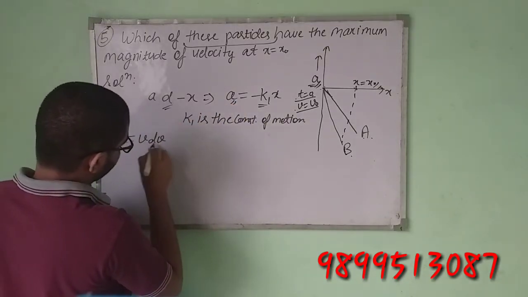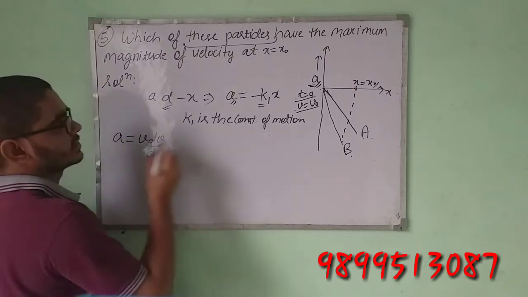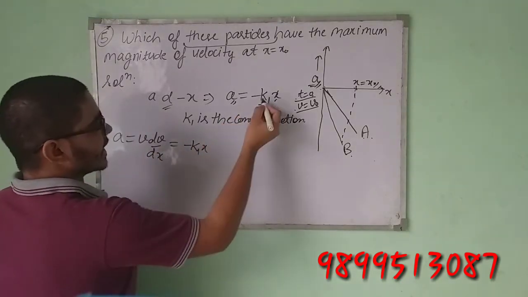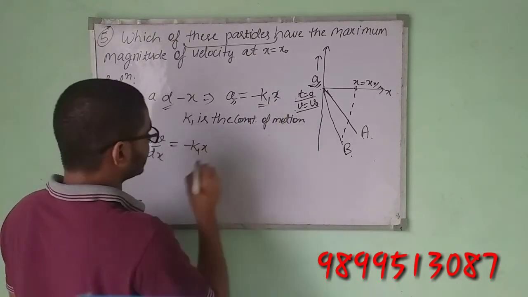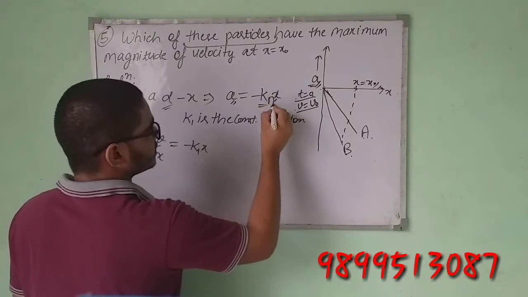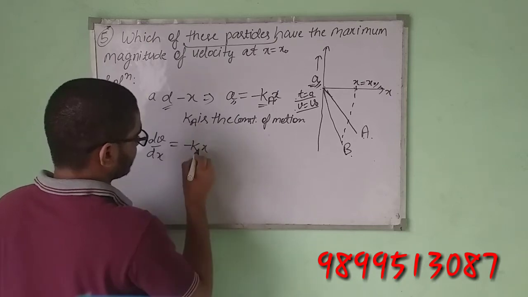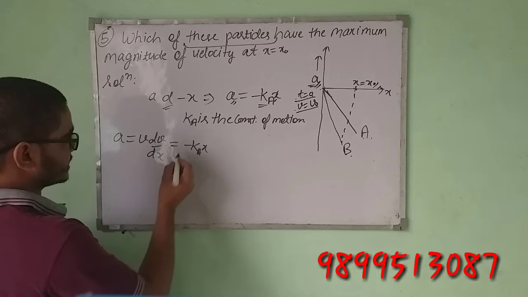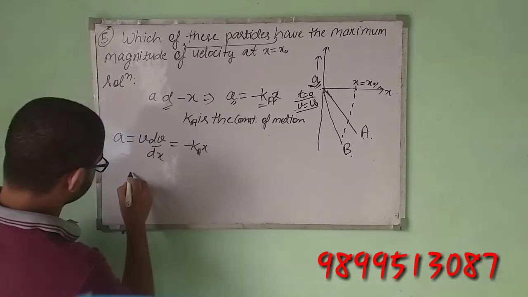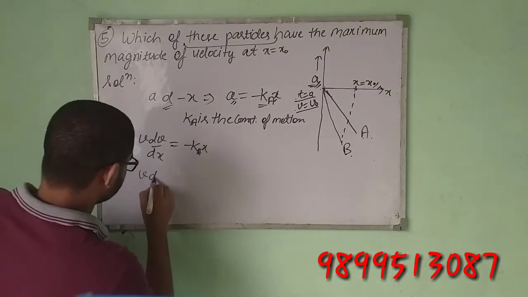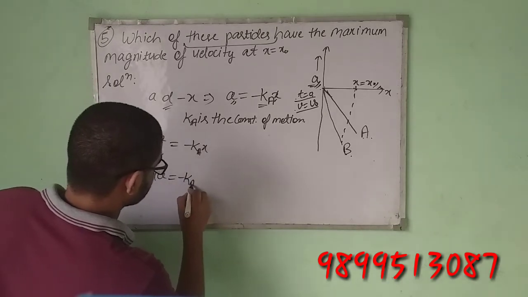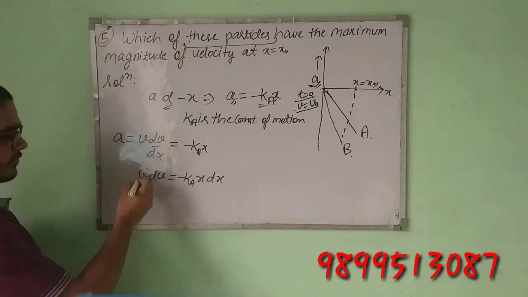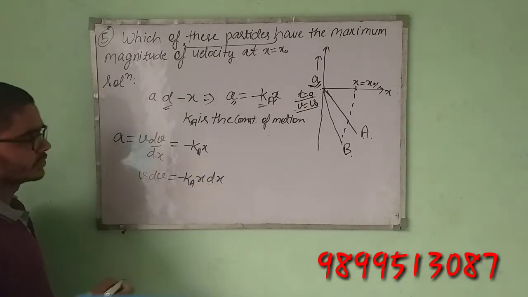Now, as I already used in the previous example, a is equal to v dv over dx. So I shall put this equal to this one. If I am saying k1, that means I am talking about particle A. I can also represent this by Ka, k for particle A, right? I shall make some transformation here: v dv is equal to minus Ka x dx. Now we have to choose the limits for velocity and position.